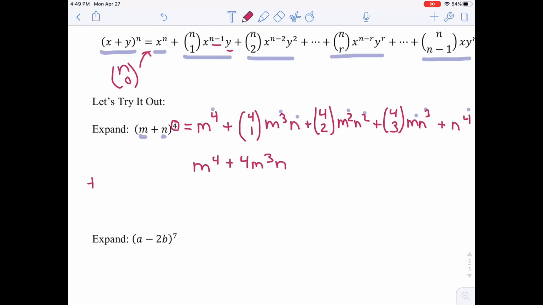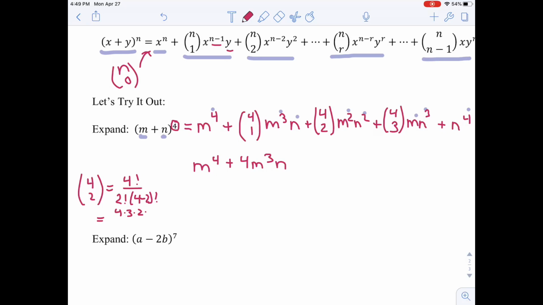Now 4 choose 2. Maybe you don't know what 4 choose 2 is. You probably won't. So if we go and do 4 choose 2, remember that's n factorial over r factorial times n minus r factorial.